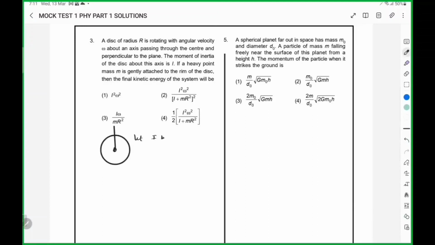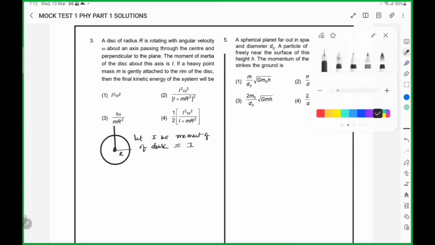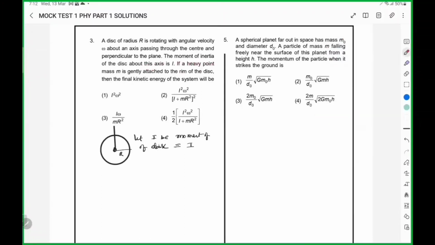Let I be the moment of inertia of the disk about an axis passing through the center and perpendicular to the plane. Now, a heavy point mass, small m, is gently attached to the rim. Then the final kinetic energy of the system.